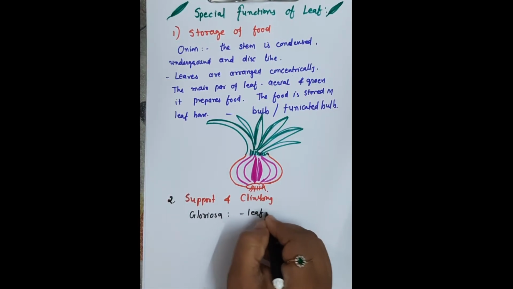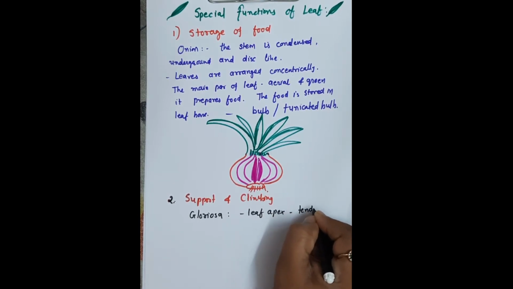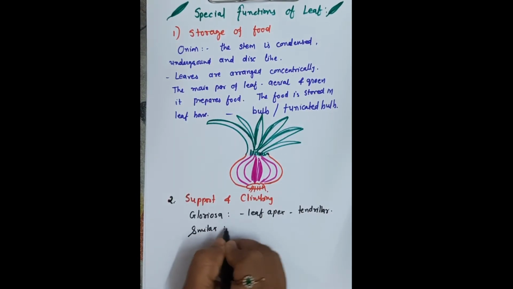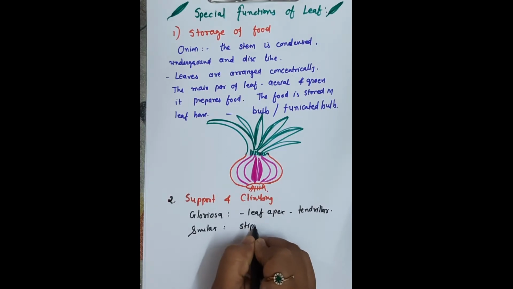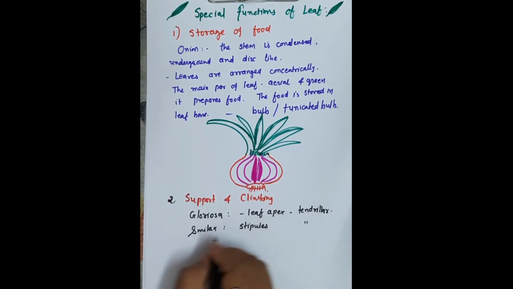Here the leaf apex becomes tendrillar, while in smilax the stipules, we know na, stipules are always in pair, they become tendrillar.